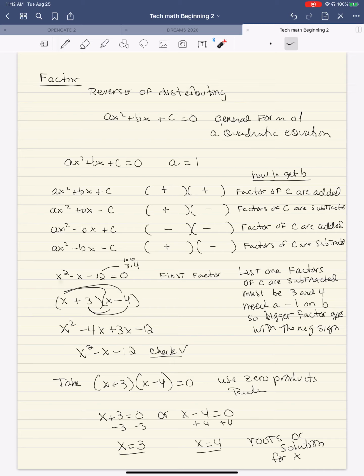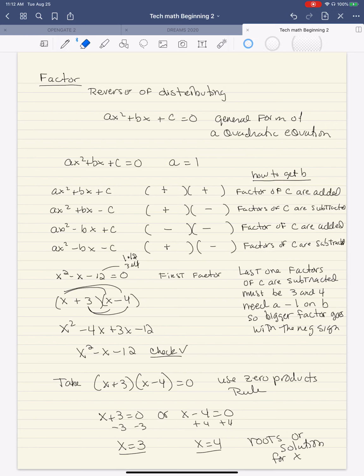X squared minus x equals negative 12. hold on, x squared minus x minus 12 equals 0. The factors of 12 are 1 times 12, 2 times 6, and 3 times 4. First thing I want to do is figure out which factors I'm going to use to make b.